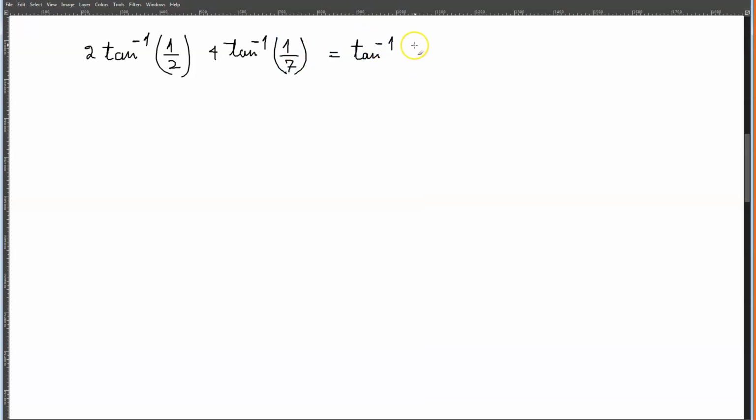So we have 2 times tan inverse of 1/2 plus tan inverse of 1/7 is equal to tan inverse of 31/17.